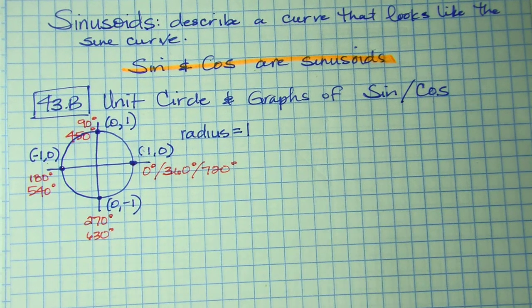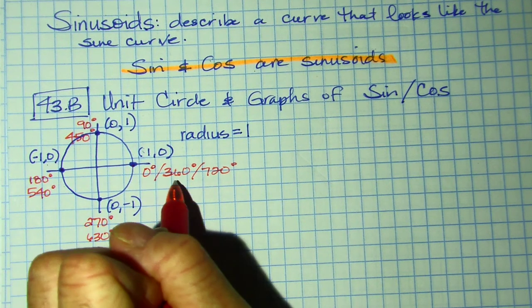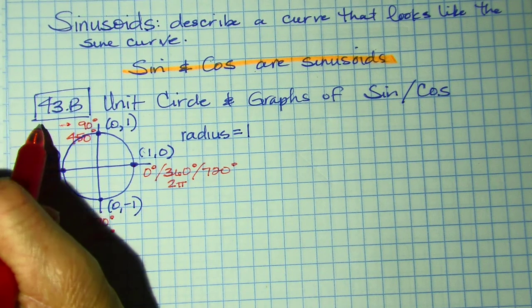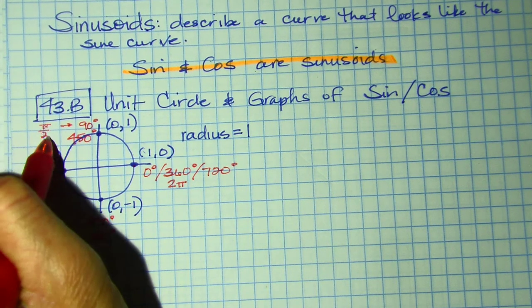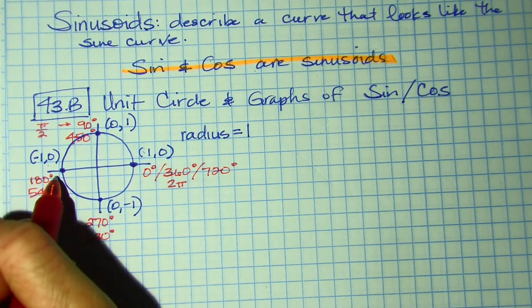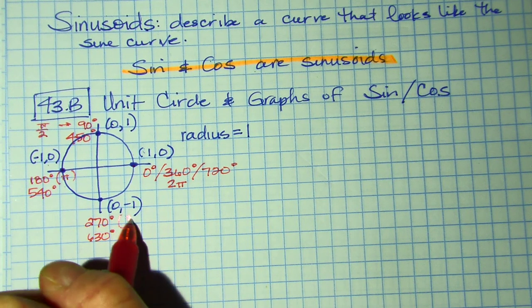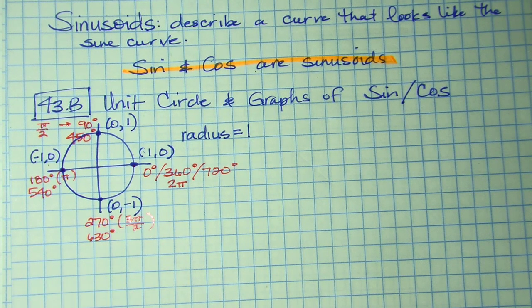Now, each of these also has a radian measure, which we will go over later, but for example, and I don't want to confuse anyone, 360 is 2 pi, 90 is pi over 2, 180, that's just pi, 270 is 3 pi over 2, or 1.5 pi's.